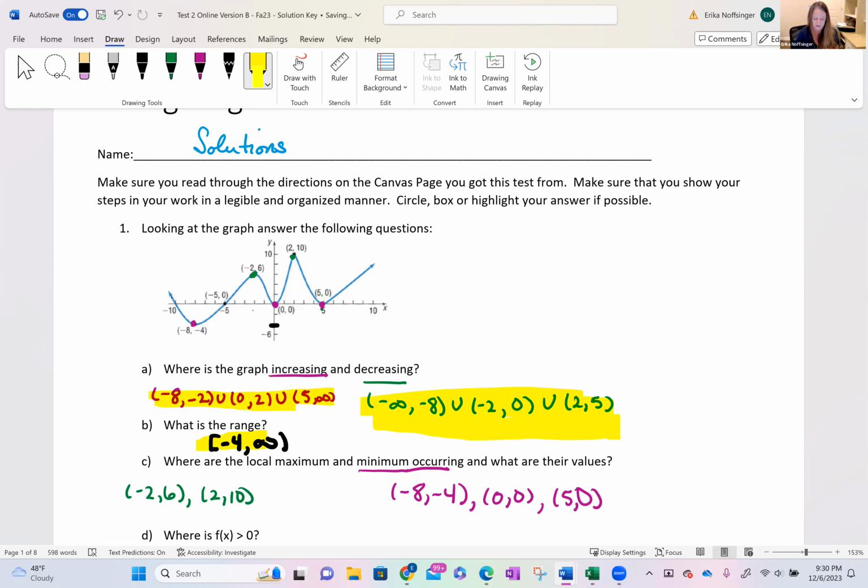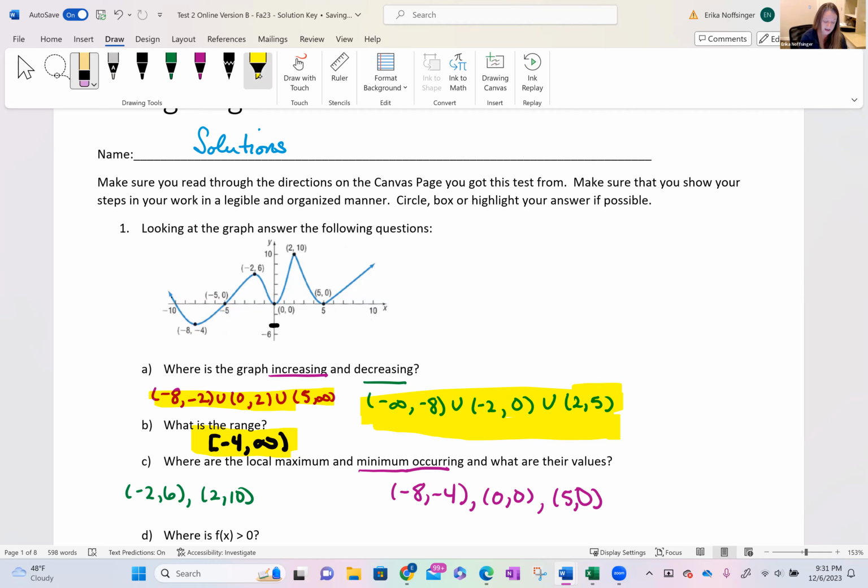Except in this interval notation, when we're talking about range, range is the only time really we talk about y values as part of that interval notation. So looking now at where is f of x greater than 0? So we're looking at where is this graph? What are the x values that make the graph fall above the x-axis?